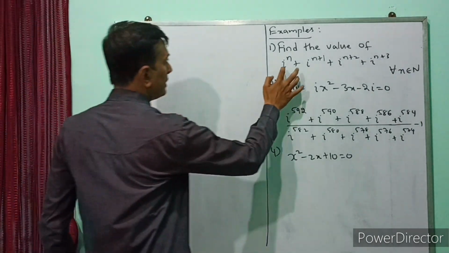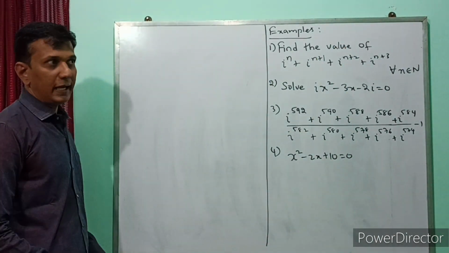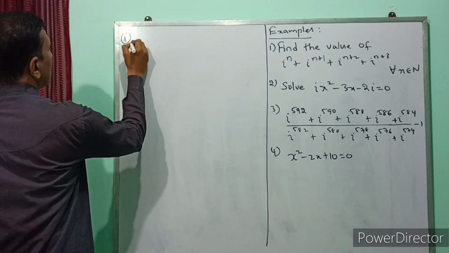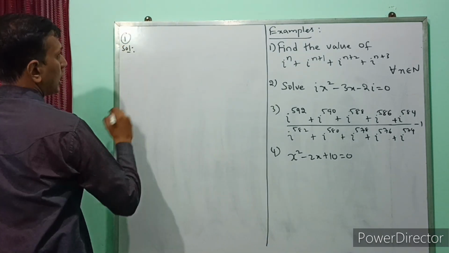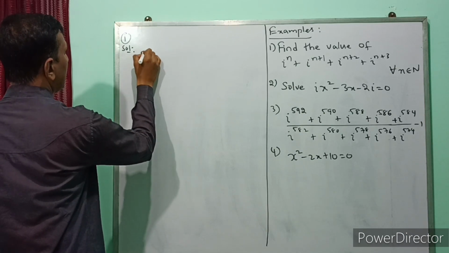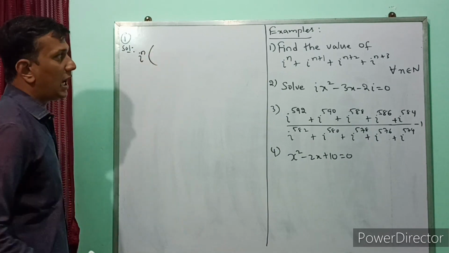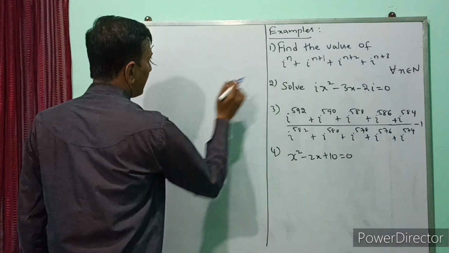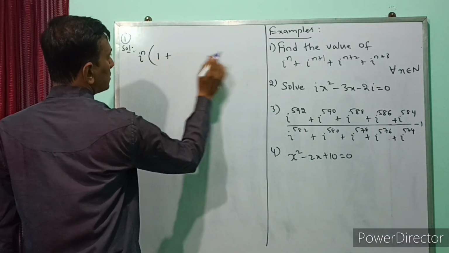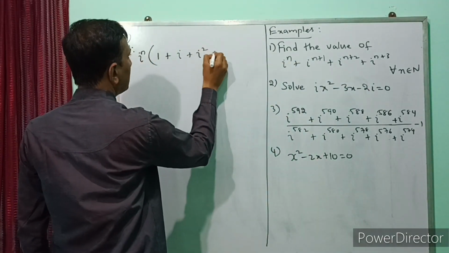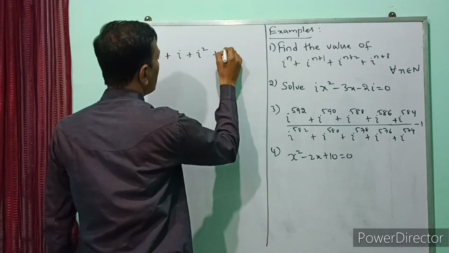If you look at each and every term in the expression, what is the common thing you are observing? You are observing i power n as common. So if I take out i power n common, what is left inside? 1, and here i square, and here i cube.